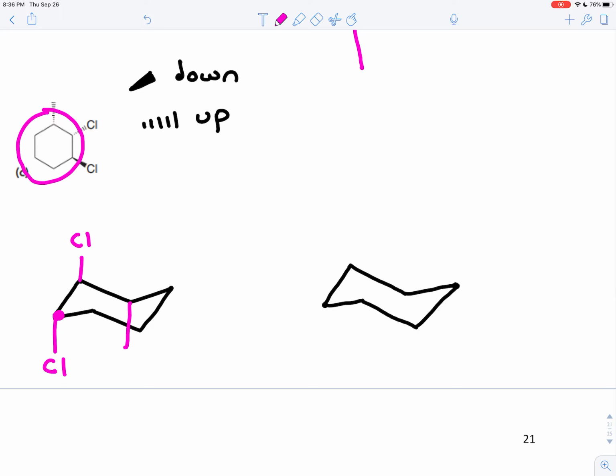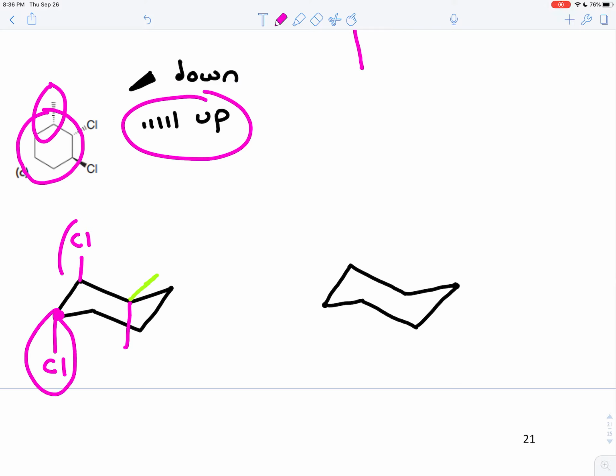And that means that if this methyl group is going up, it has to be equatorial. Because every carbon has one axial position and one equatorial position. The axial positions alternate, so axial down, axial up. The next one has to be axial down. And if it's axial down, then the up position has to be equatorial, because every carbon has an axial and an equatorial, pointing in opposite directions.